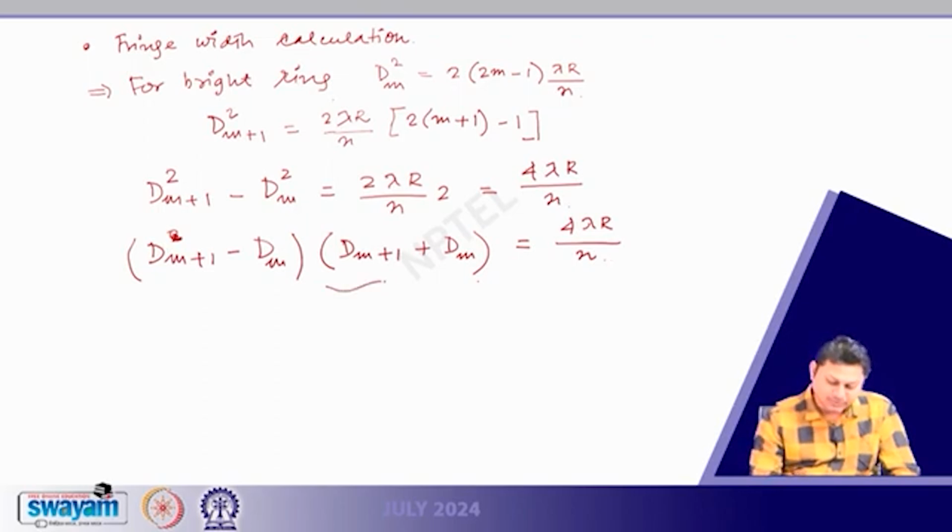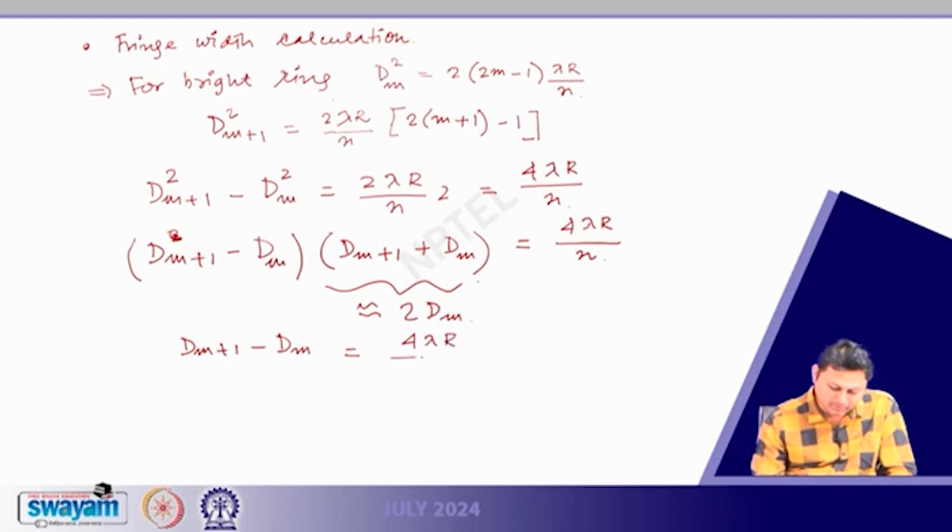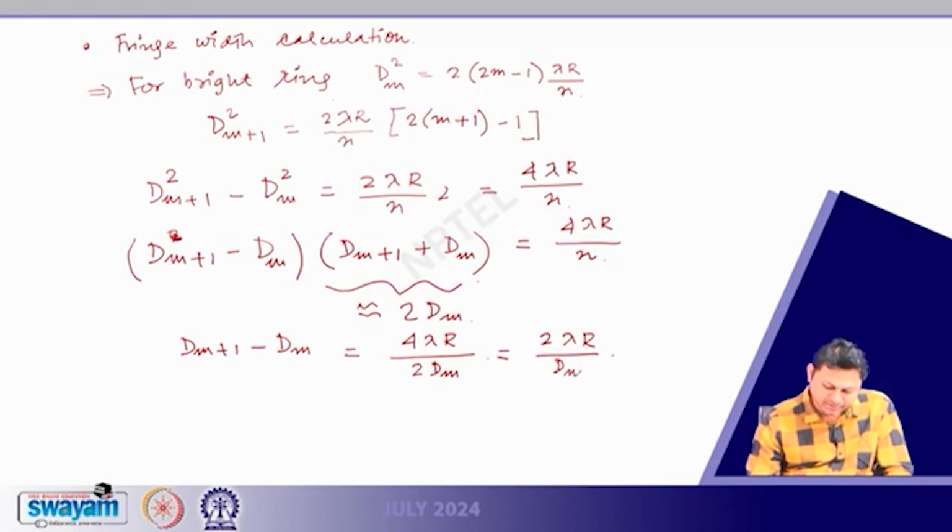So this value is equivalent to 2 dm. If that is the case, then we simply have dm plus 1 minus dm equal to 4 lambda r divided by 2 dm, which is equal to 2 lambda r divided by dm. Straightforward calculation I am doing.